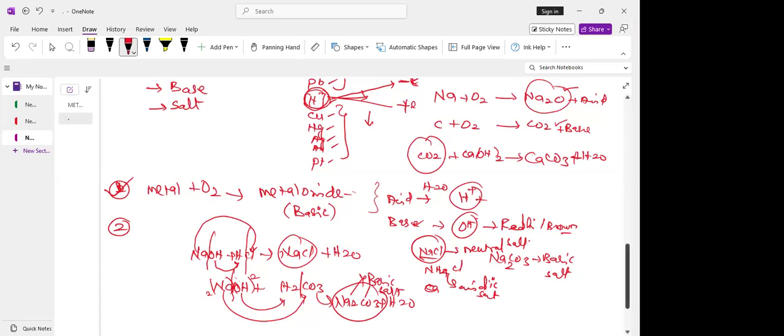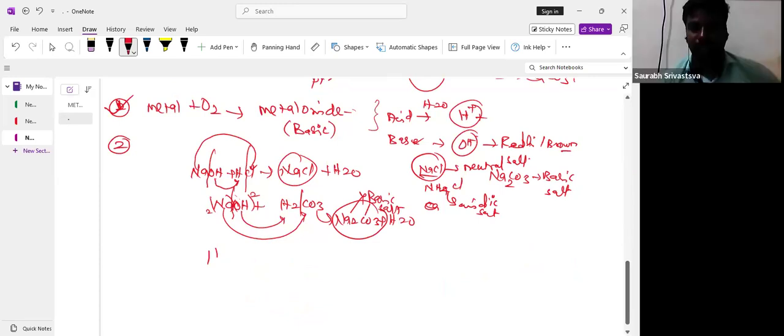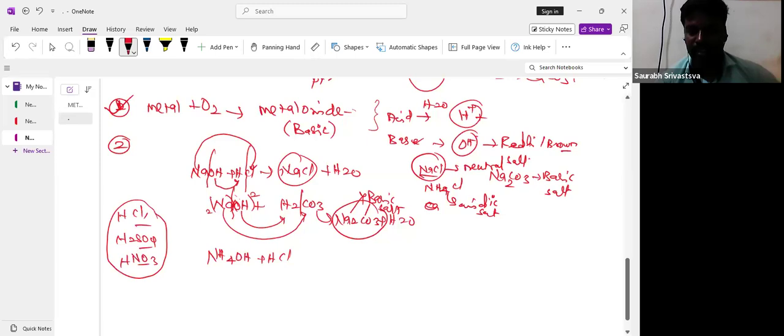If it is an acidic salt, it is the same. Ammonium hydroxide we are taking, NH4OH, plus HCl, a strong acid. Only 3 acids we can say are strong. What are the 3 acids? HCl is a strong acid, H2SO4 is a strong acid, and HNO3 is a strong acid. So these 3 acids are strong acids. If you get any acid related to this, then you can say whether it is an acidic salt or basic salt.